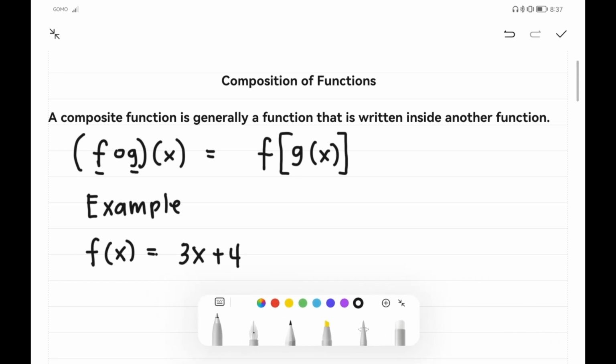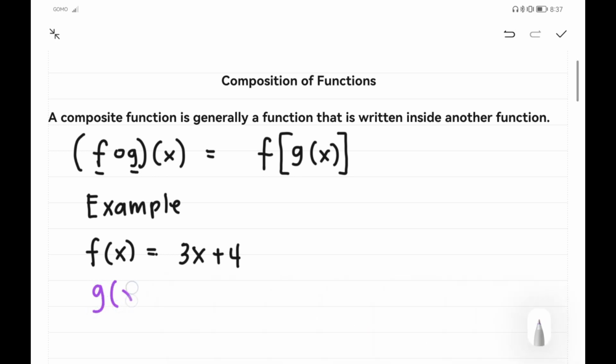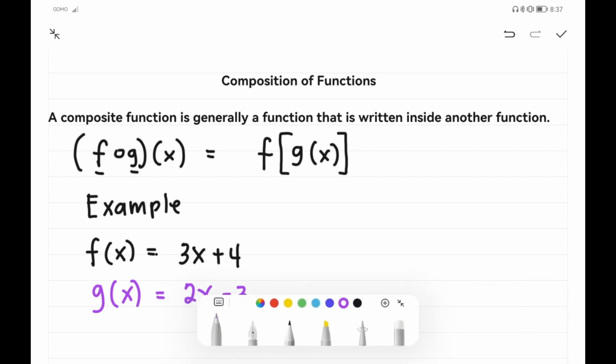Tapos, kung meron naman tayong, for example, g of x naman, we have g of x in the form of 2x minus 3. So if we are asked to find the value of f composite of g of x.